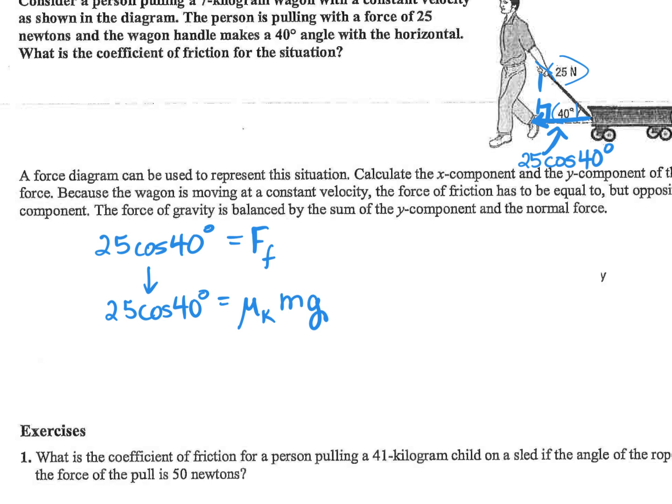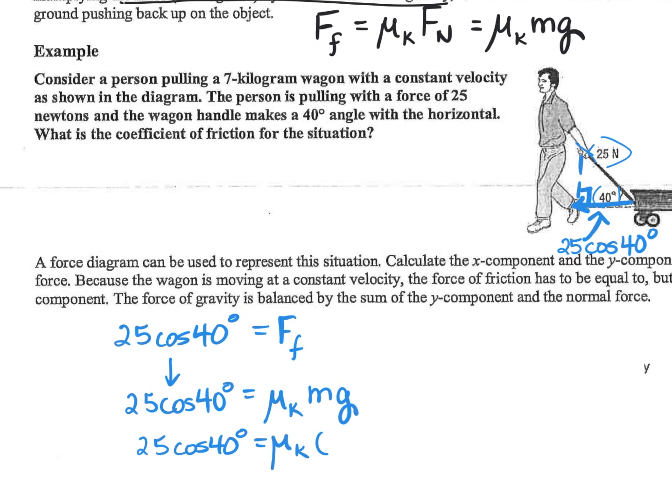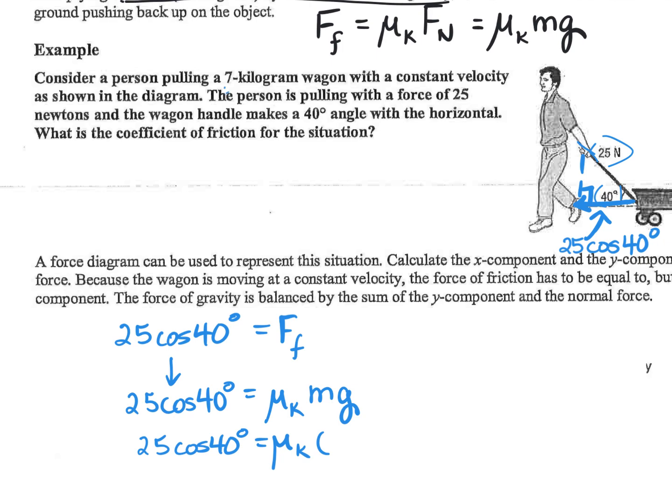So if I want to actually figure out what that coefficient of friction is, all I have to do is plug in the other values, don't I? So I have 25 cosine of 40 degrees here. I don't know what the coefficient of friction is, do I? Do I know what the mass is? How heavy was the wagon? 7 kilograms, right?